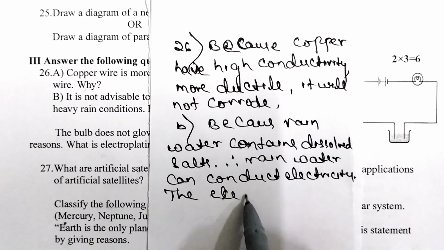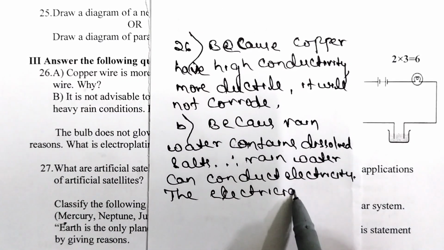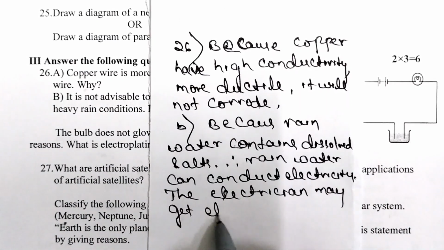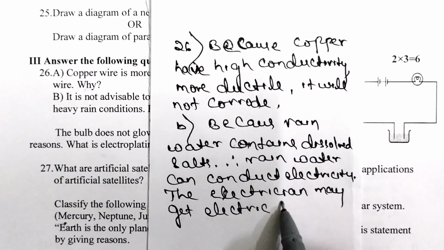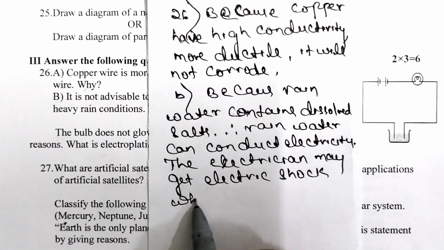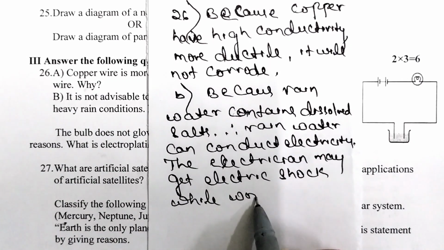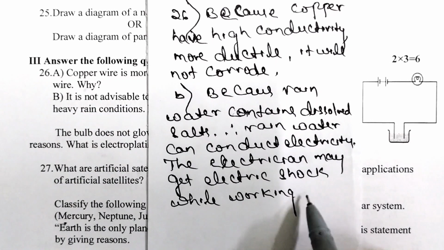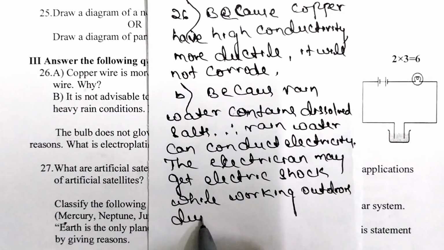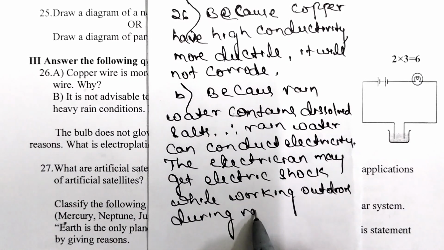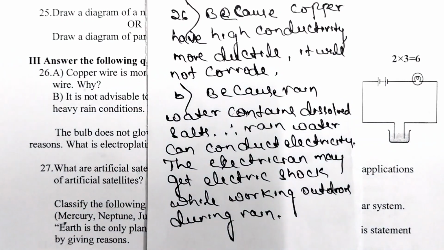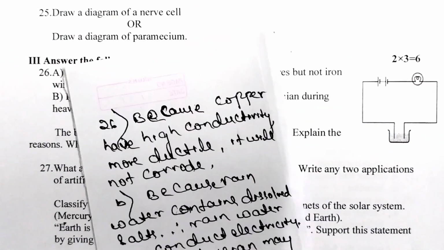The electrician may get electric shock while working outdoors during rain. So this is the answer for 26th A and B.